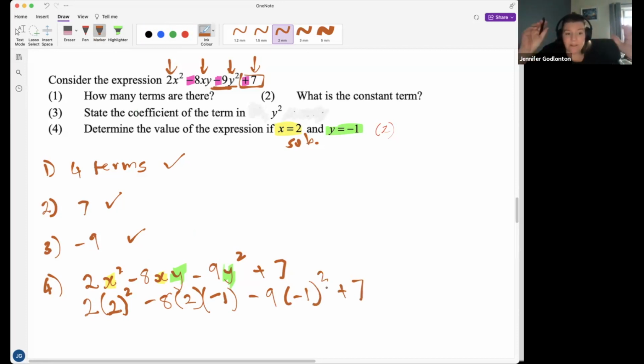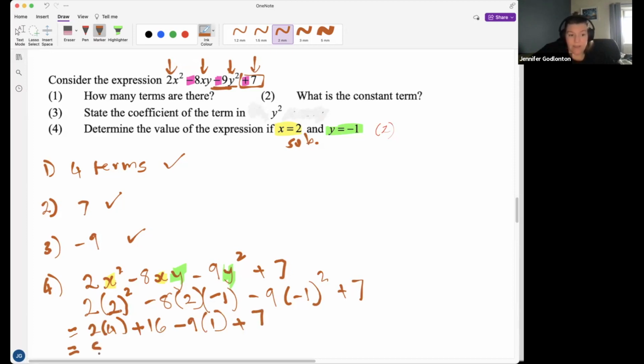Now, if you have this written with your brackets in the correct space, so if it looks like mine on the board and you chuck it into the calculator, you will get the correct answer. Okay. If you don't have your calculator, you can work through it step by step. So this would be 2 times 4. This would be +16. This would be -9 times +1 plus 7.